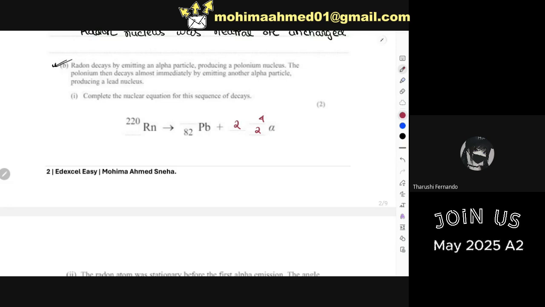So 220 minus 8 is going to be 212. And then 2 times 2 is 4, so 82 plus 4 is going to be 86 here. Okay, this is how you calculate all of these things. If there is any problem with the nuclear equation, please ask. No problems.